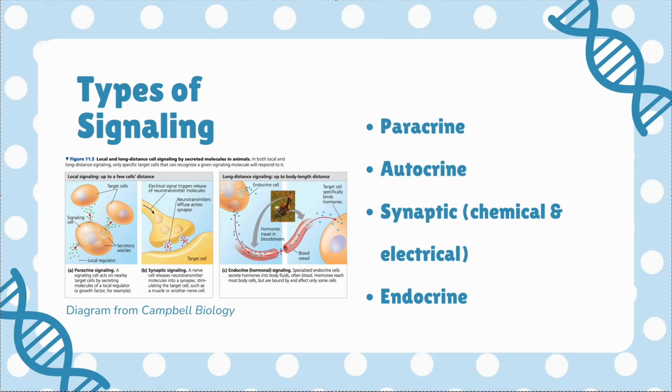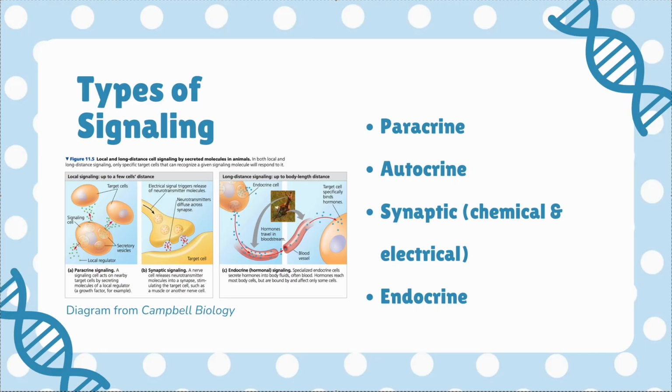And then there's synaptic signaling. This is prevalent in the neurons and neuronal system. So synaptic communication can be both chemical and electrical. In the case of chemical signaling, they usually use neurotransmitters, whereas electrical signaling depends on voltage.